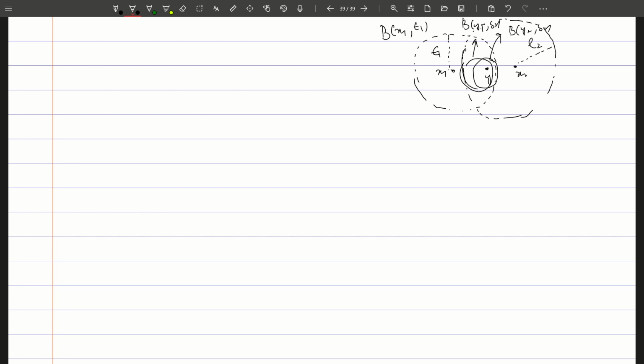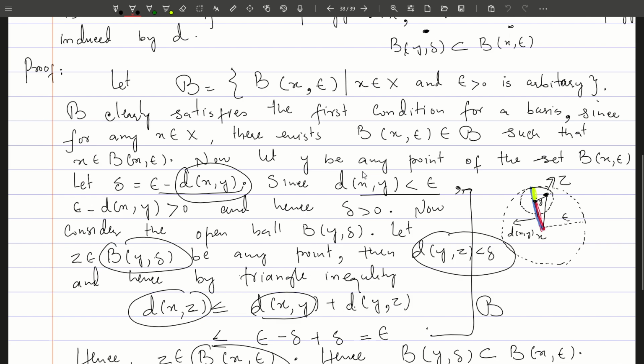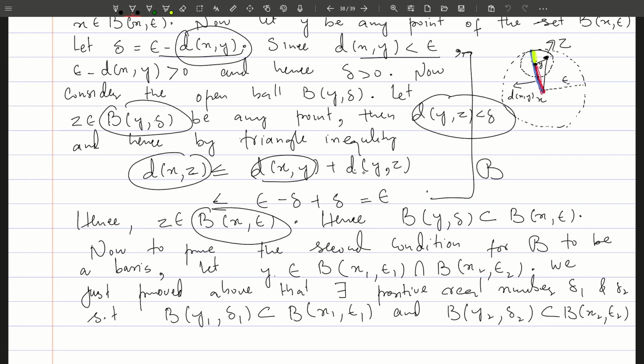It is not y1, y2, it is actually y in both cases, because this y is in the ball B(x1, epsilon 1) and B(x2, epsilon 2).